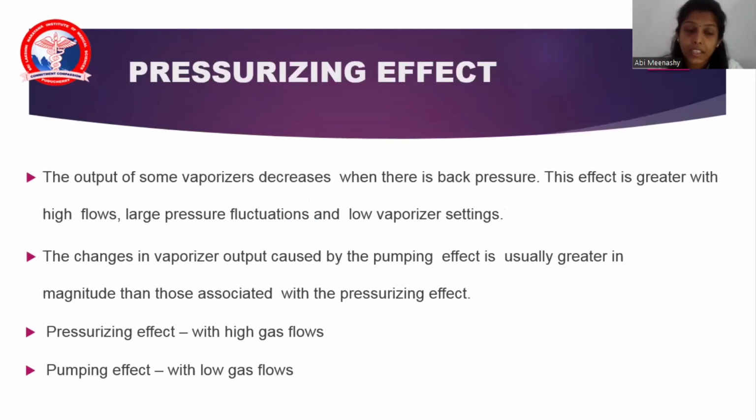This effect is greater in higher flow, larger pressure fluctuation, and low vaporizer settings. Change in the vaporizer output caused by the pumping effect is usually greater in magnitude when associated with pressurizing effect. Pressurizing effect happens in high gas flow and pumping effect happens in low gas flow.